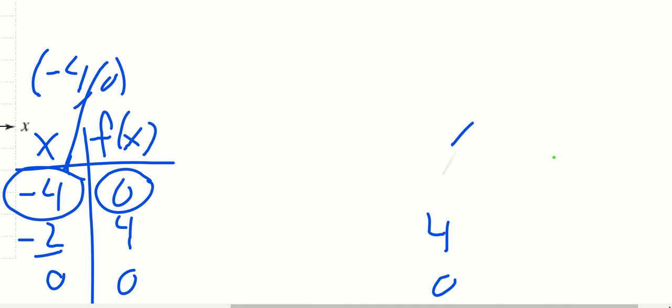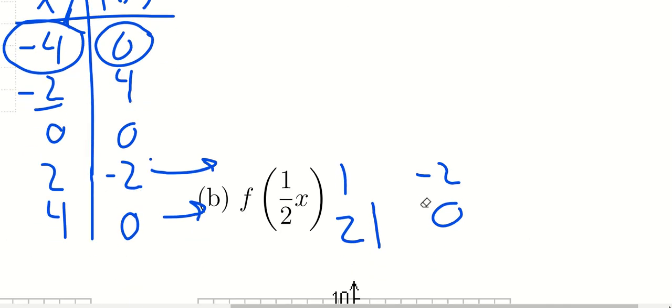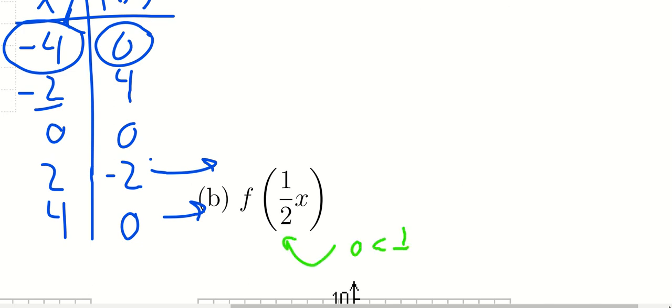So again, this is going to be a horizontal stretch this time, because we are multiplying on the inside by a value c, which is between 0 and 1.